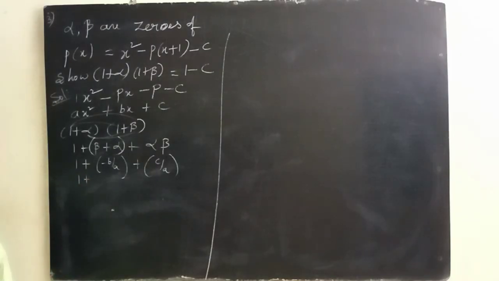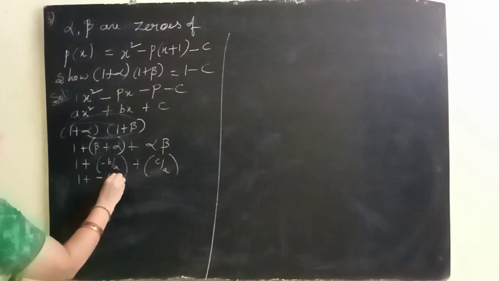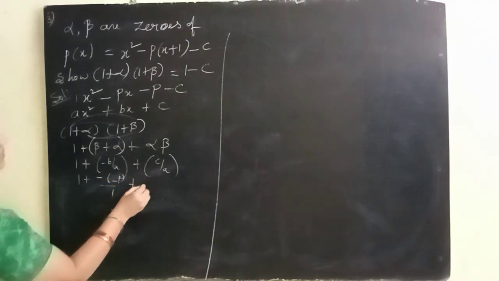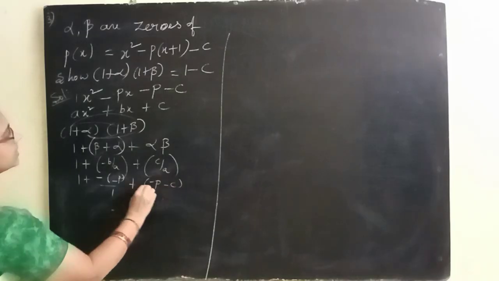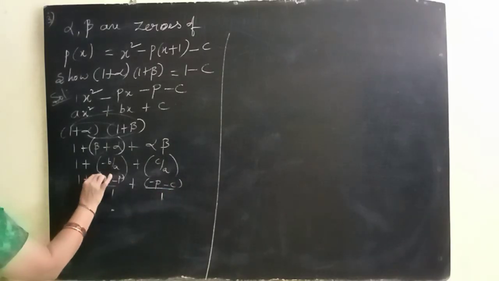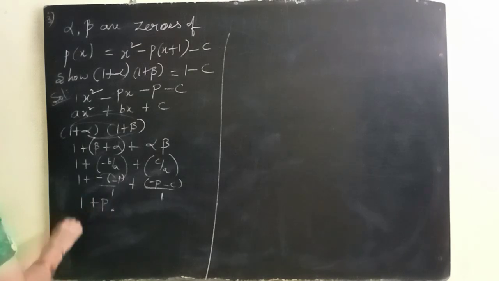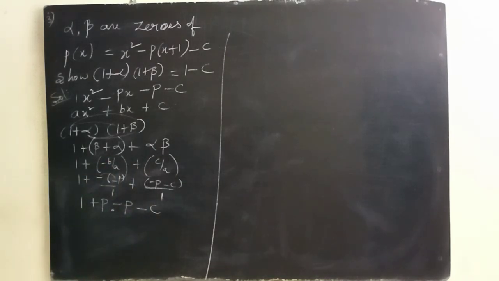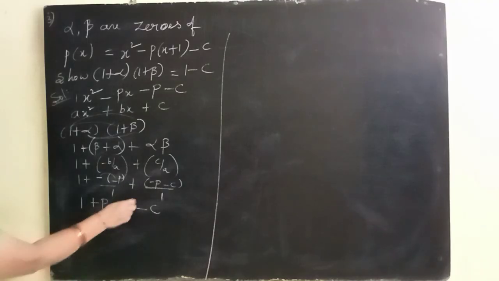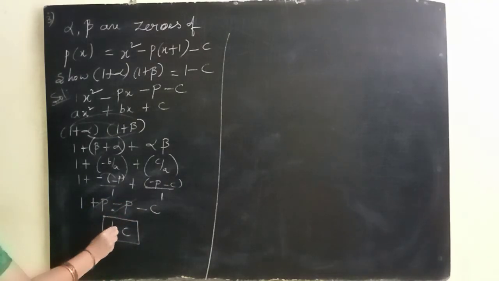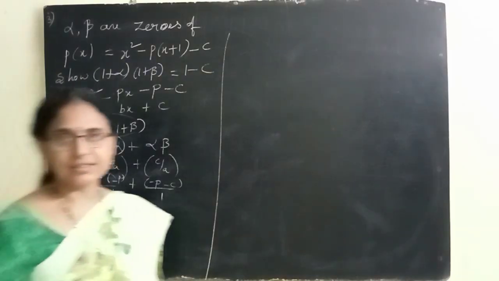Substitute minus b by a: b means minus p, a means 1, c means minus p minus c, a means 1. So 1 minus of minus plus p, minus p minus c. Denominator 1 no need to mention. So plus p minus p are cancelled. 1 minus c is the answer.